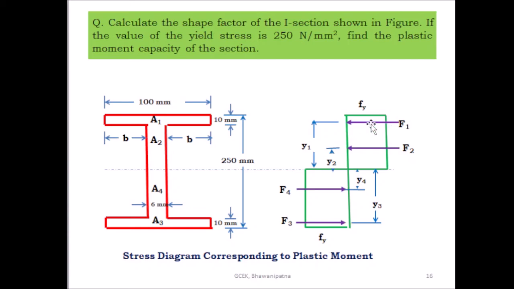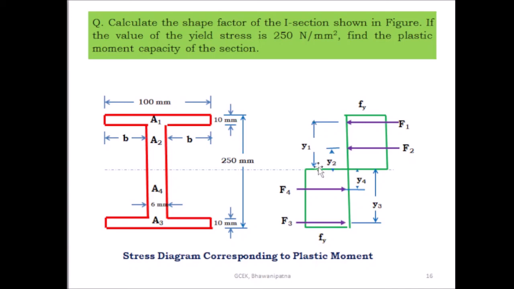And this is the force in the top flange, and this is the force F2 for this area A2, and this is the force for the bottom flange, and F4 is the force in the area A4.